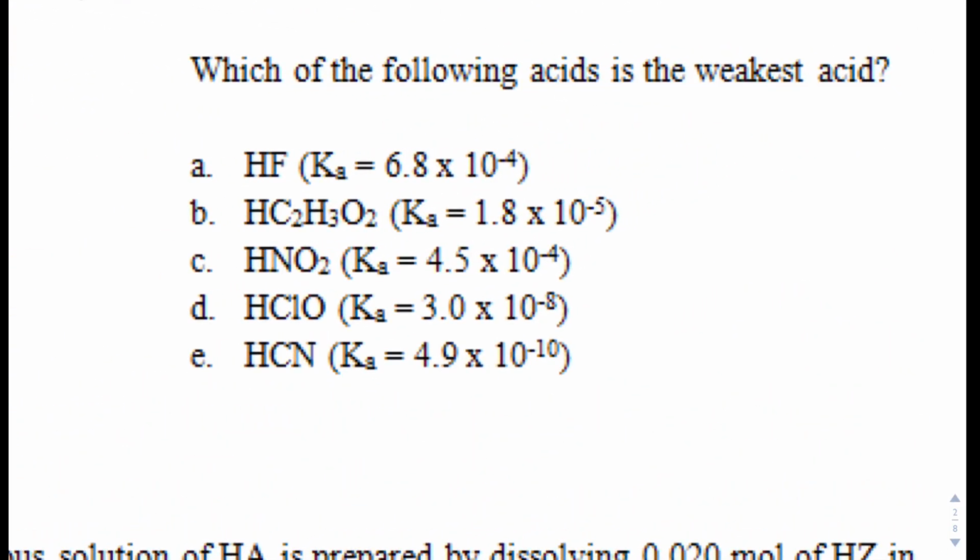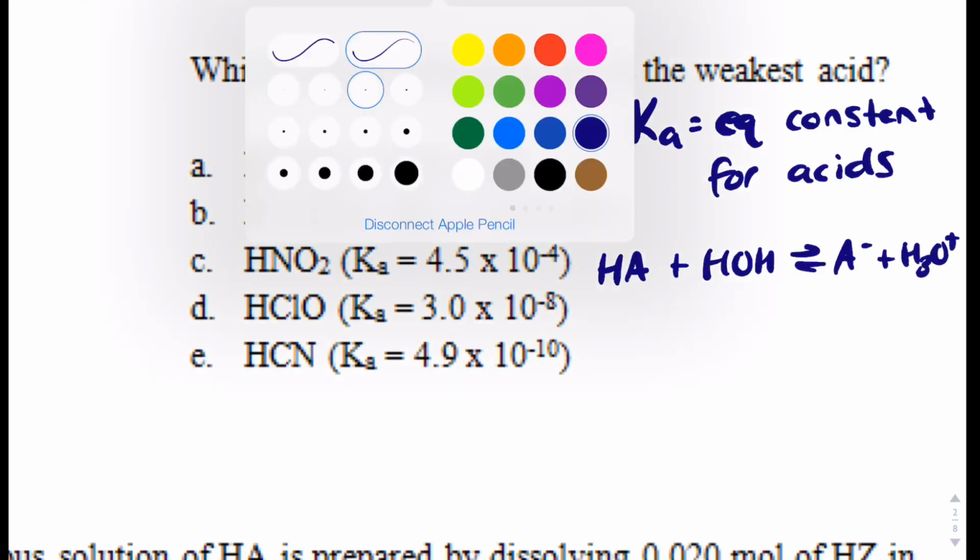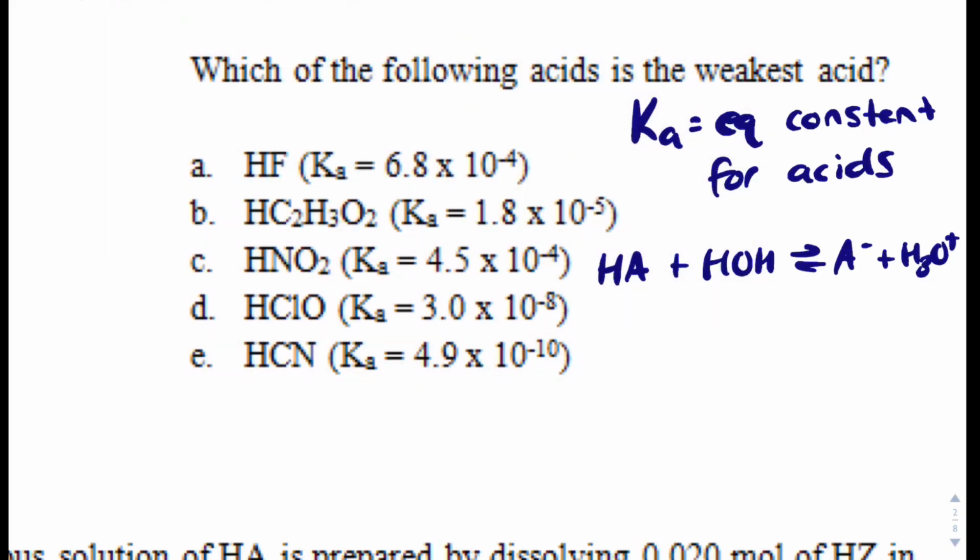Well, first, let's know what a Ka tells us. It's just an equilibrium constant, and it's specifically for acids. So a general acid equation would be HA plus HOH gives you A minus plus H3O plus. With that, if I have a large K value, that means product favored.